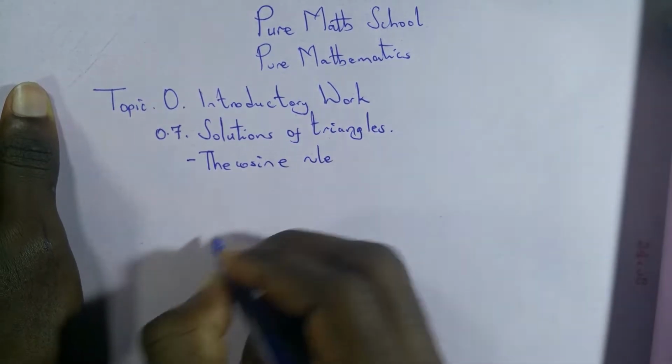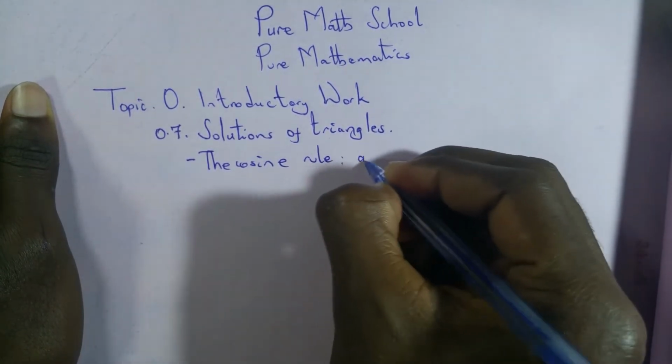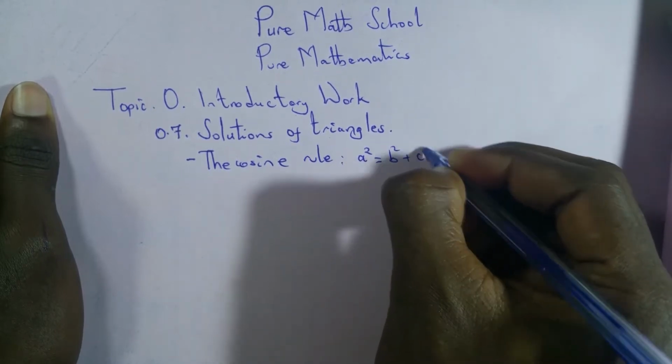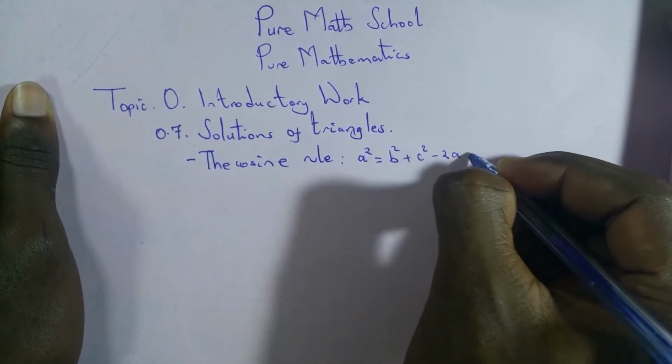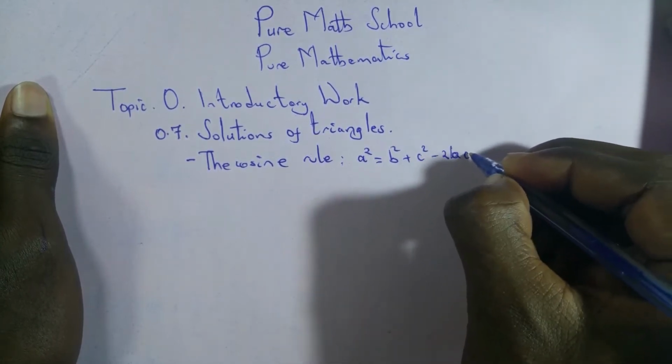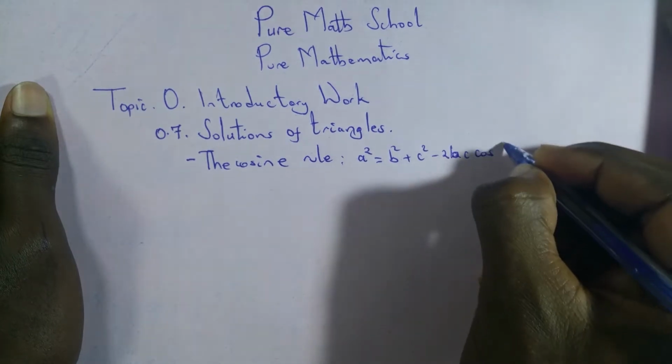The cosine rule, which is in this form: a squared equals b squared plus c squared minus 2bc cos a.